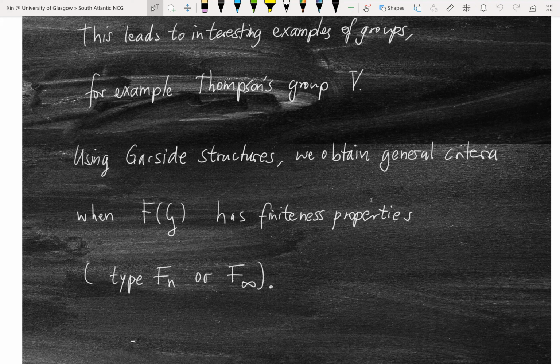Yes. Now, group C-star algebras are famously far more complicated than that. Yes. But is there a subclass of this class of algebras that also has a nice presentation, including, of course, graph C-star algebras, within this Garside class?